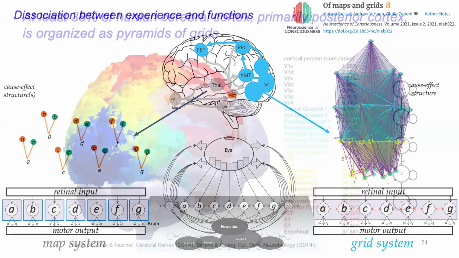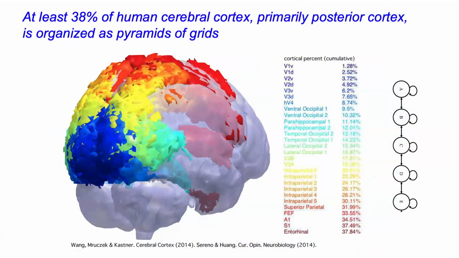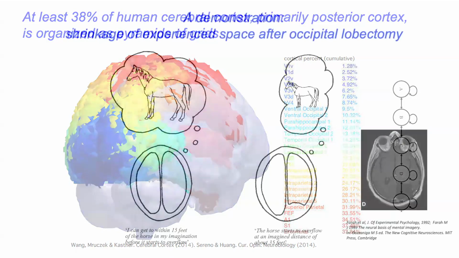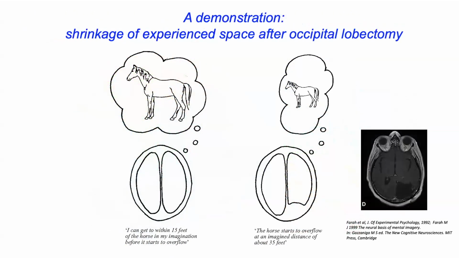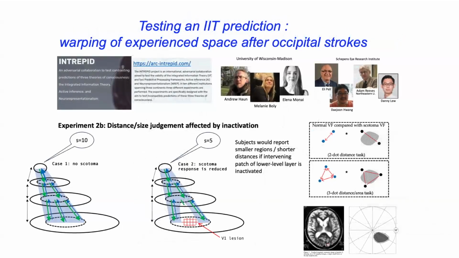Okay. So some comments about how many grids there are in the brain, and I invite you to ask Melanie and Giulio and other people. This is probably speaking to the fact that our experience is largely spatial. There are, of course, cases where space shrinks and warps based on lesions, but also experiments that can be done with predictions.